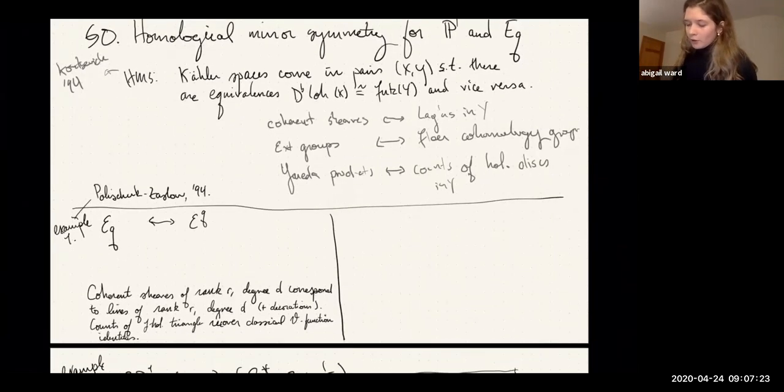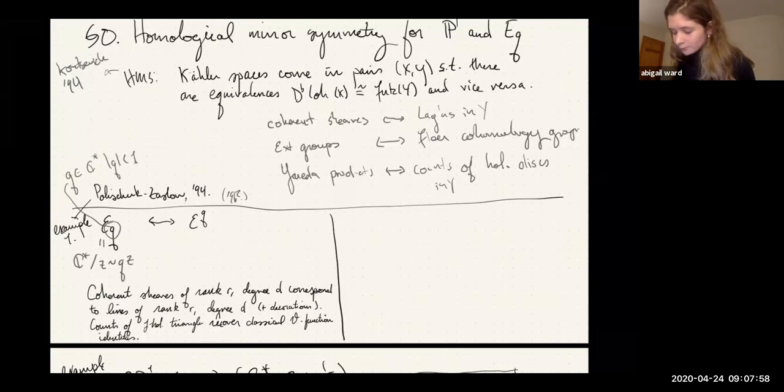And then one of the first concrete examples was done by Polishchuk and Zaslow in '94. I think that might be wrong, I think it might be '96. They did the case of the elliptic curve. So I have this E_q. What this means is C star modulo the Z action by scaling, so z gets identified with qz, where q is something in C star that has norm less than 1.